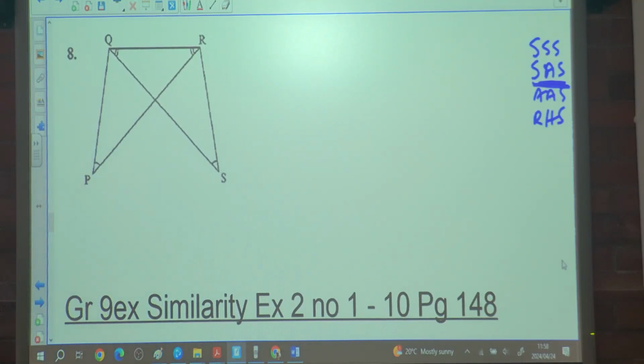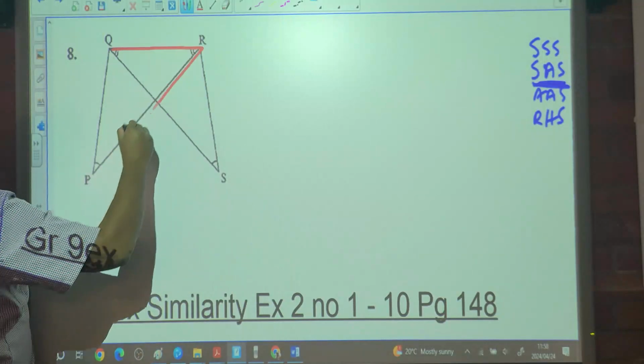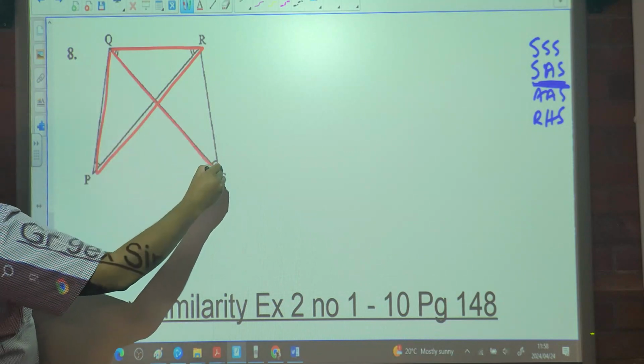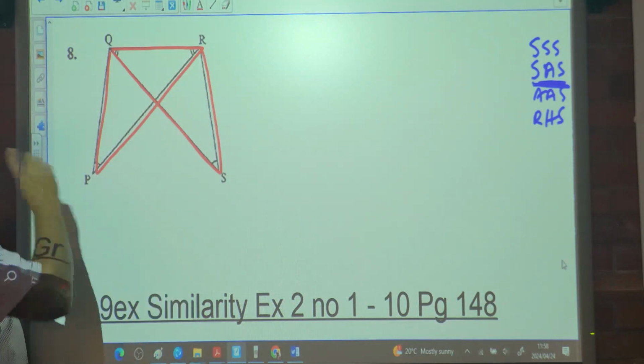Let's look at number 8. You've got two triangles, PRQ and QSR. Are the two triangles congruent?